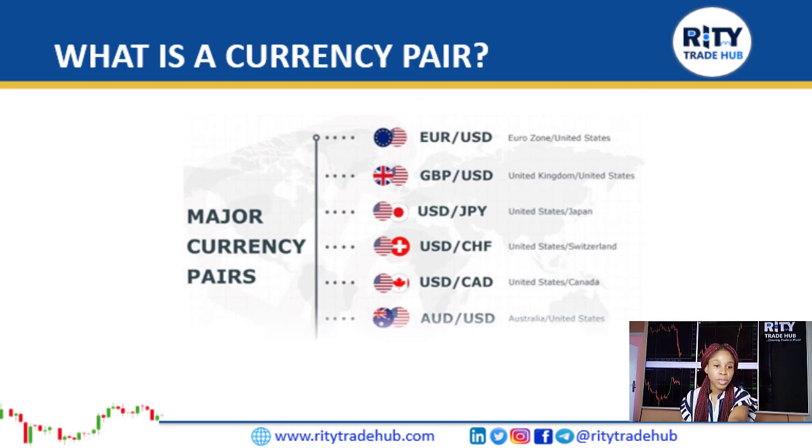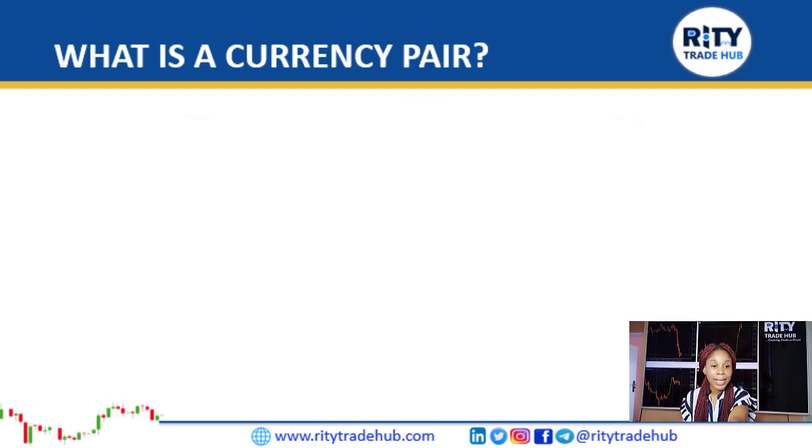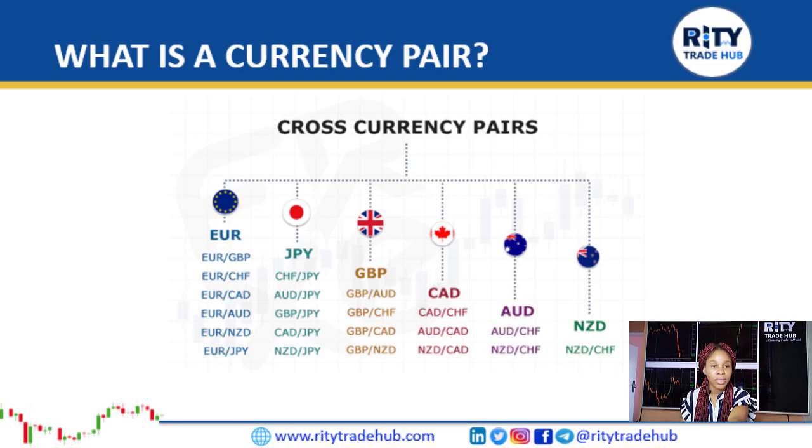We have the euro GBP, the euro CHF and all of those. Remember when I was introducing the categories of these pairs, I said they are either called the minor or crosses. So these are the cross currency pairs or the minor currency pairs.